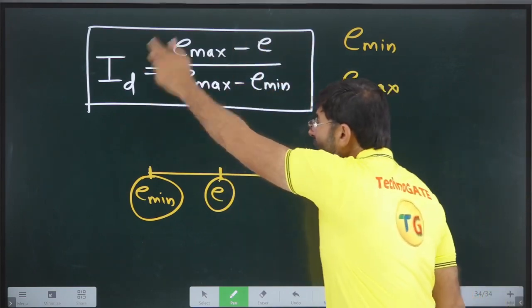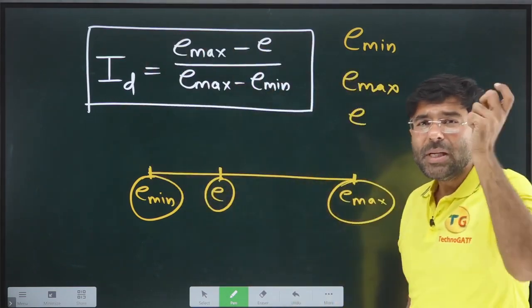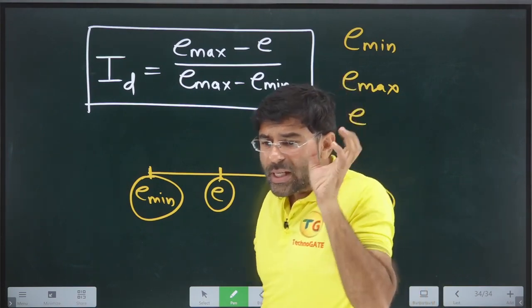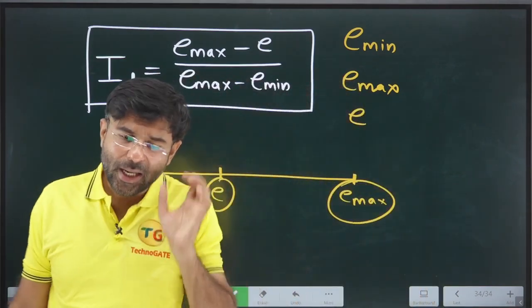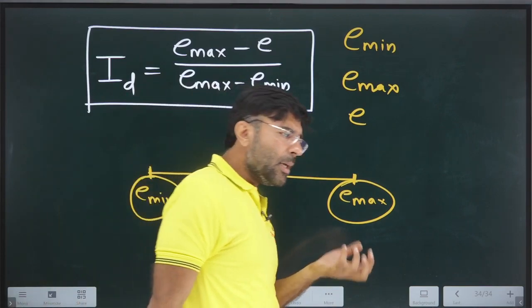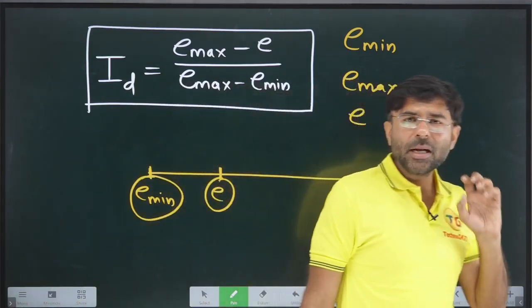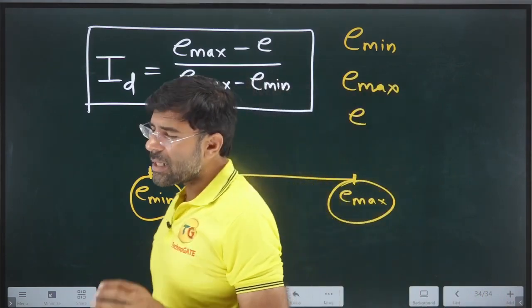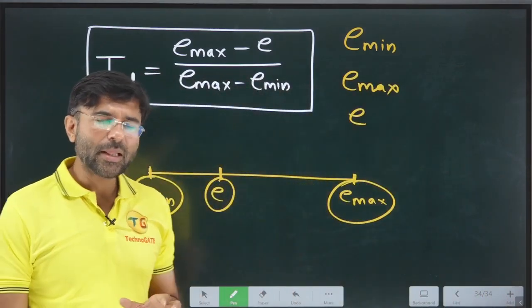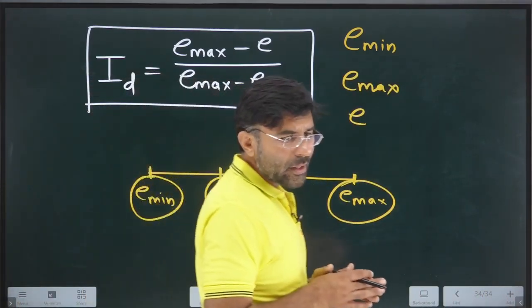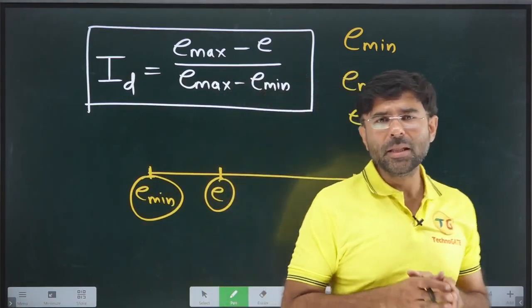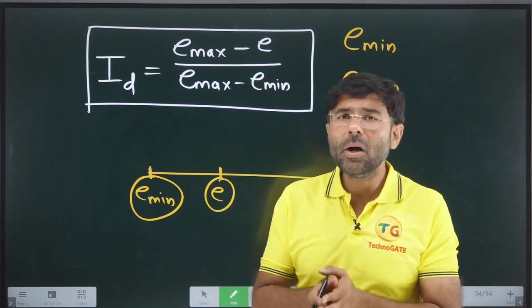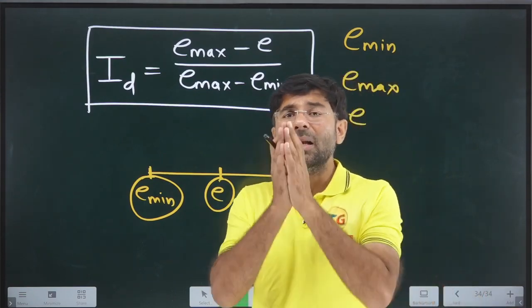So the value of density index actually tries to give me the nature of the natural soil, whether the natural soil is in a loose condition or in a dense condition. So the practical significance of density index or relative density is simple as that. The value of relative density will give me basic information regarding the denseness or looseness of a natural soil.